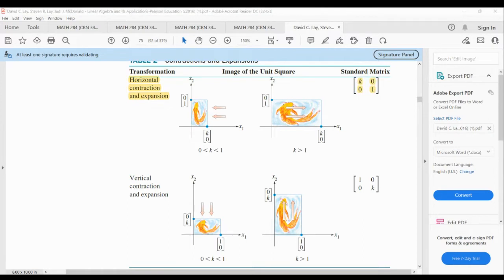So you can see where if you take vectors, which are points that form some figure, and you multiply them by the standard matrix, you transform the figure. You can imagine computer graphics, right? There are matrices involved in producing the computer graphic images, the movements, and so forth.